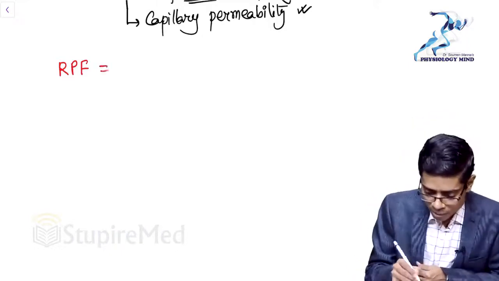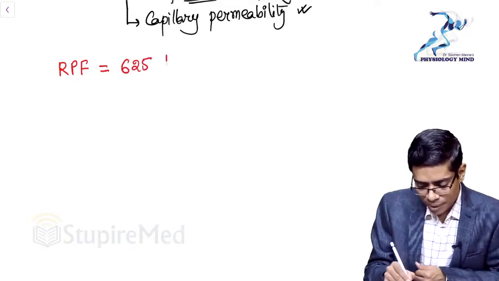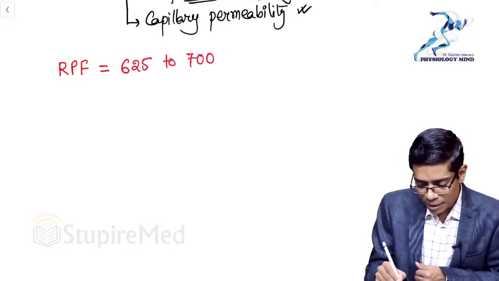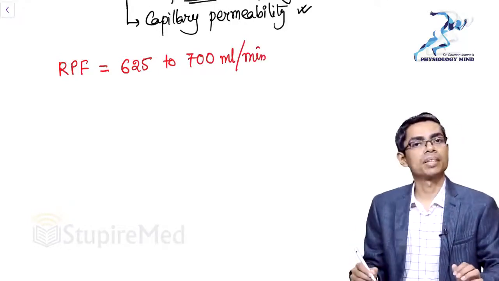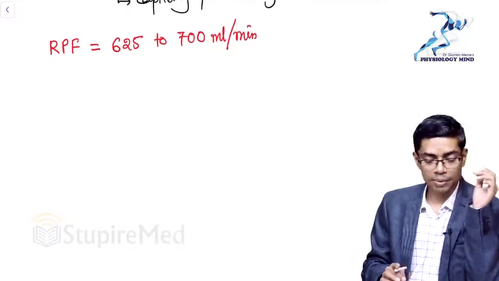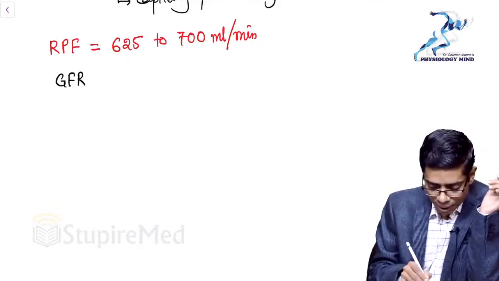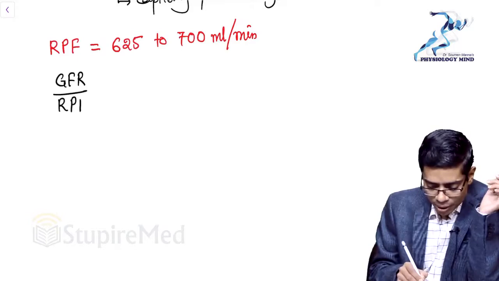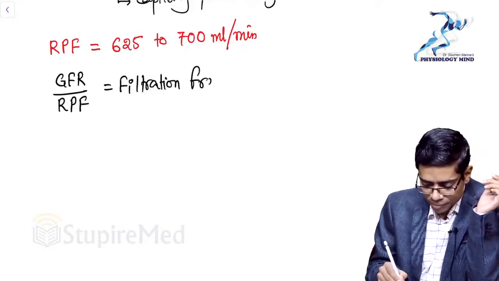So what is the normal value of this? This is generally 625 to 700 ml per minute, right? So this is the normal value of renal plasma flow. If I take a ratio of GFR upon renal plasma flow, this is known as filtration fraction.